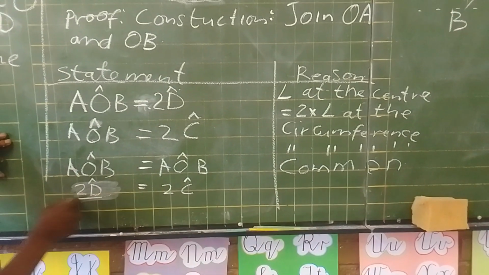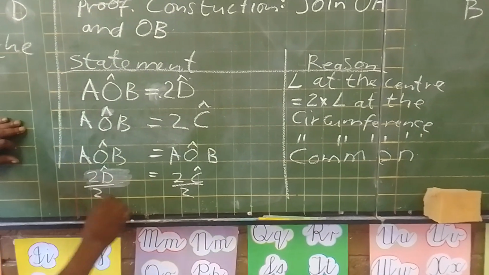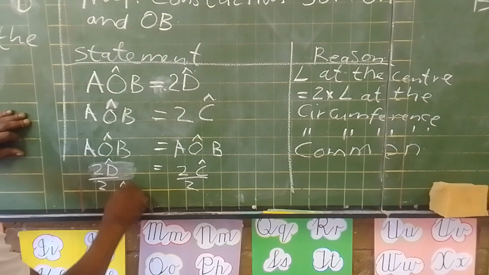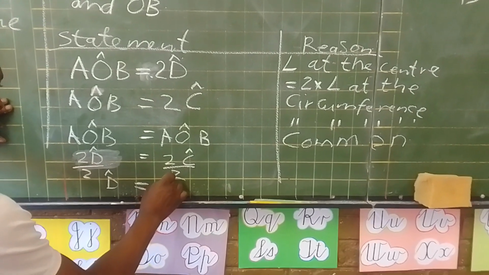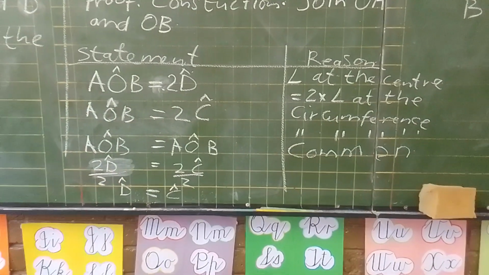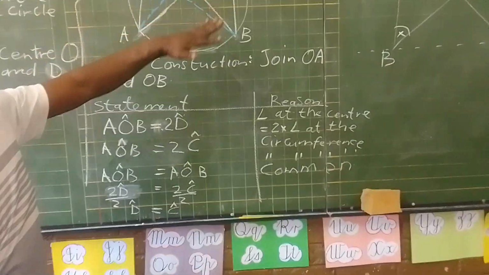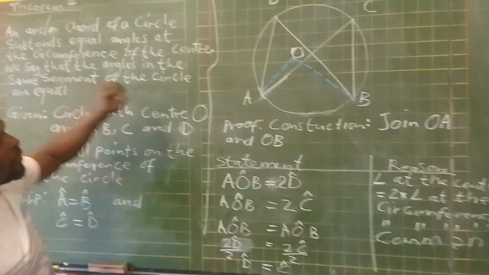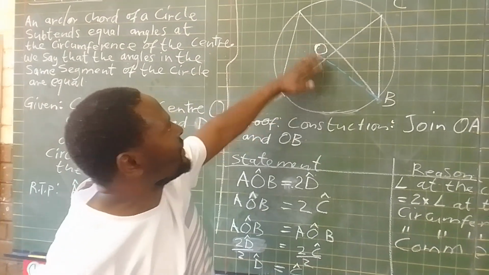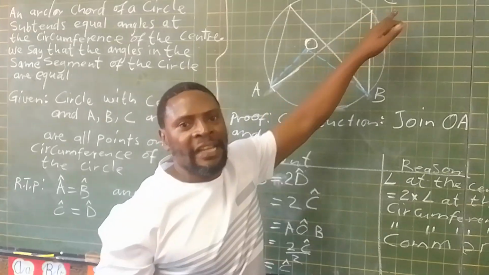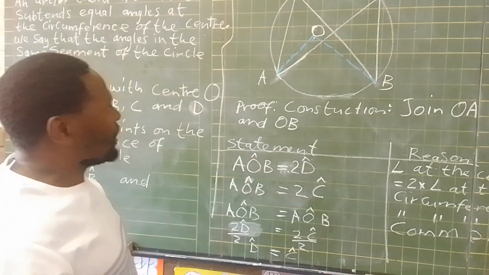You divide by 2, therefore D is equal to C. Angle D is equal to angle C. That agrees with theorem 4, which says that when the arc AB subtends D and C in the same segment, then D and C are equal.